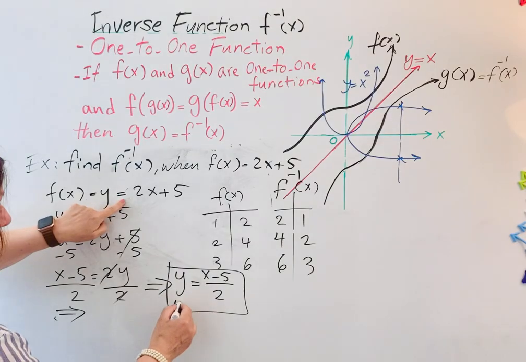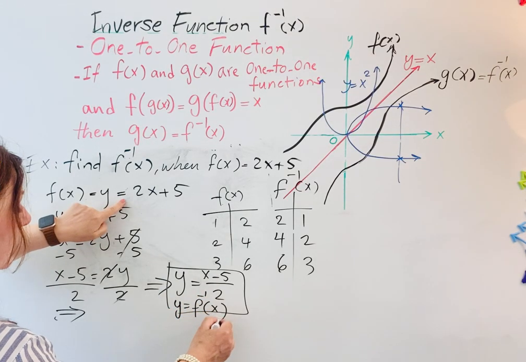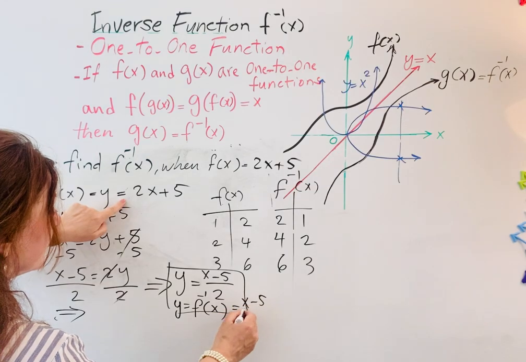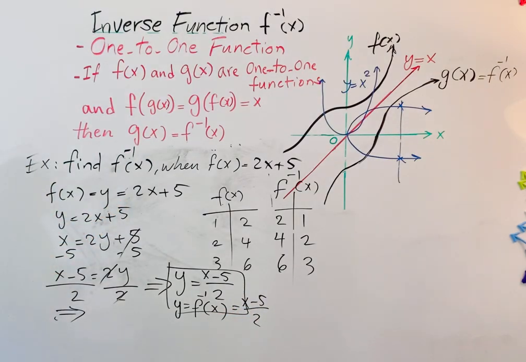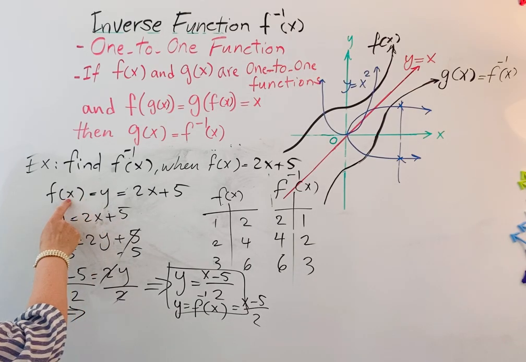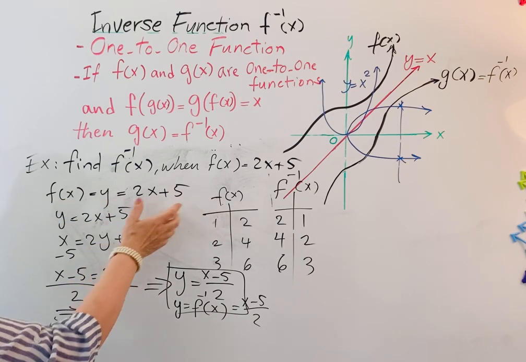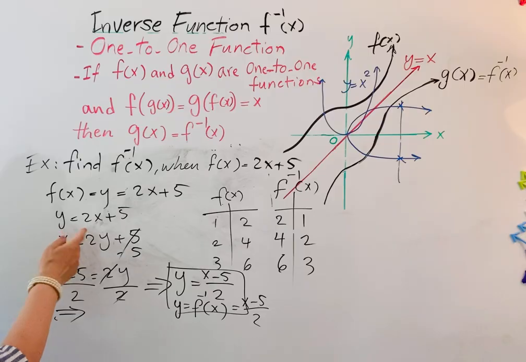Okay, here is y equals x minus 5 over 2. Right? Okay, what can we do if we are going to find the inverse function of a function? We write the function as y equals something and shift this one.